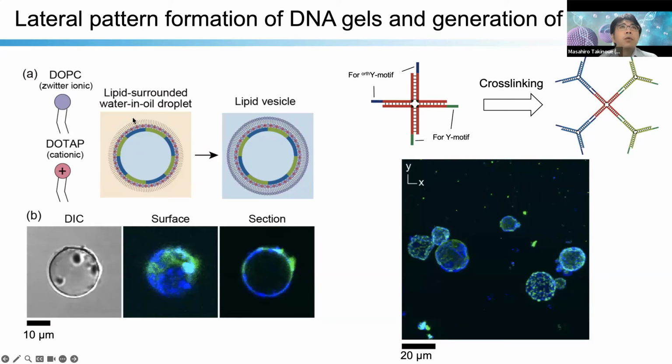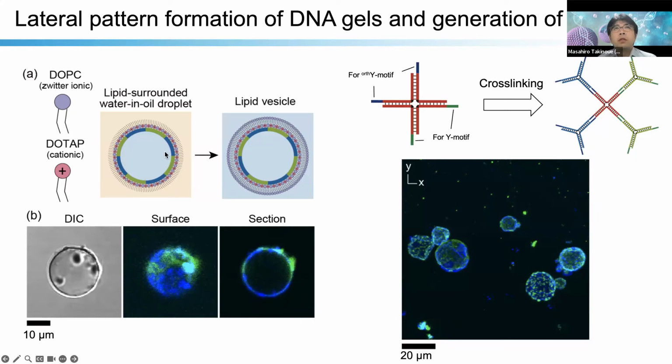First, we produced the DNA hydrogel inside the water-in-oil micro droplet with the cationic lipids at the interface. The DNA has a negative charge, so the DNA can gelate at the interface of this water-in-oil micro droplet because of the electrostatic interaction between the cationic lipids and the DNAs.